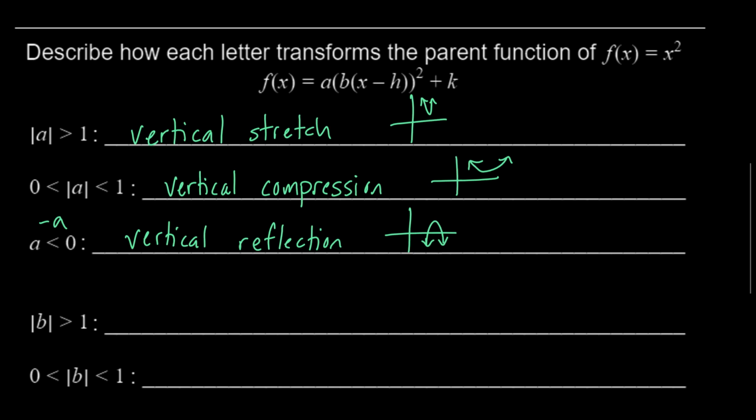And then we said before, our B value is our horizontal stretches or compressions. Now, inside the parentheses is always what? Normal? Yes. So when you're moving left and right with H, is that normal?